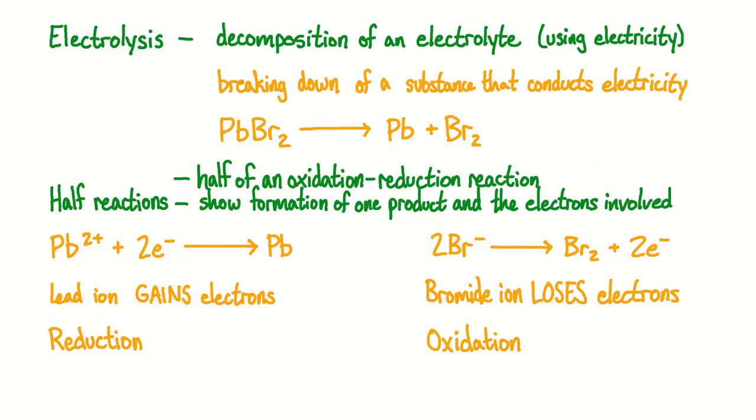Because the full reaction here is the combination of a reduction half reaction and an oxidation half reaction, we call this full reaction an oxidation-reduction reaction. While this oxidation-reduction reaction describes the entire electrolysis, each half reaction gives us some extra information about what's happening to the electrons at each electrode.